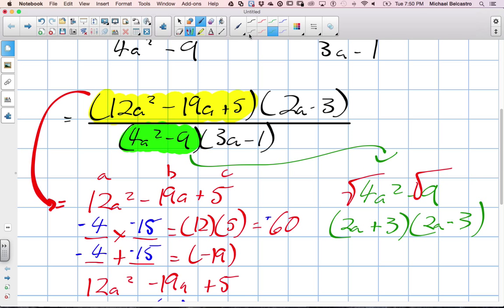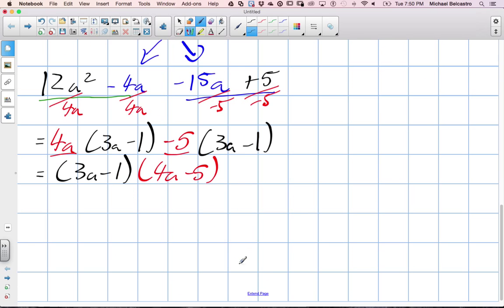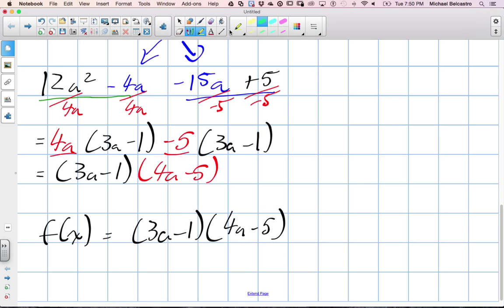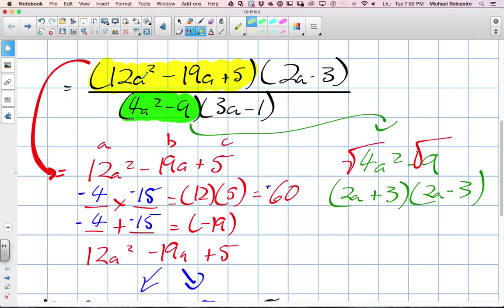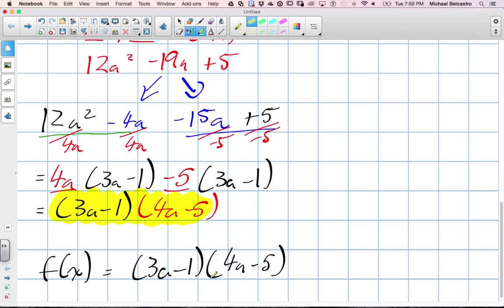So let's rewrite this whole question now. We have f of x is equal to, we split that 1 value into 3a minus 1 and 4a minus 5. So we replaced that, the 12a squared minus 19a plus 5, with that idea.